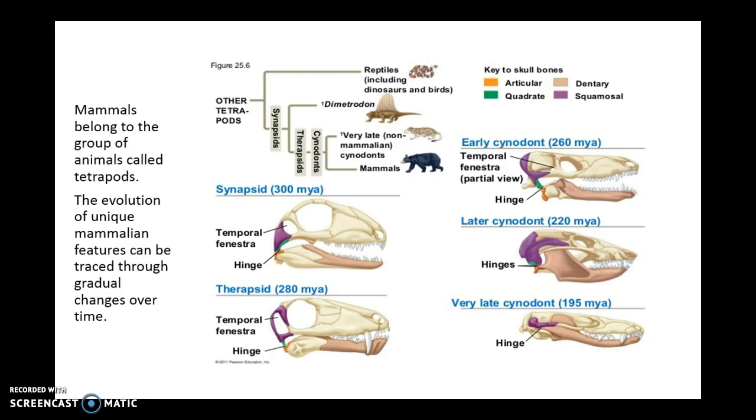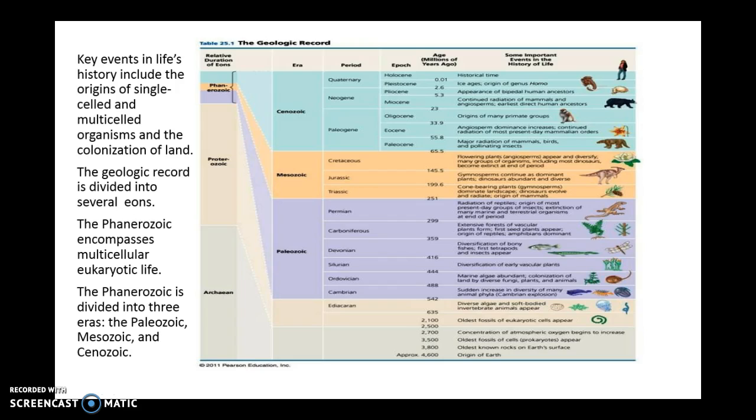So what you have in this image is from 100 million years ago down to 195 million years ago, the subtle changes we see in this hinged jaw that make it into something closer to what our jaw looks like, or the jaw of a bear, or of any mammal that has a hinged jaw. And fossils are incredibly valuable for that kind of information.